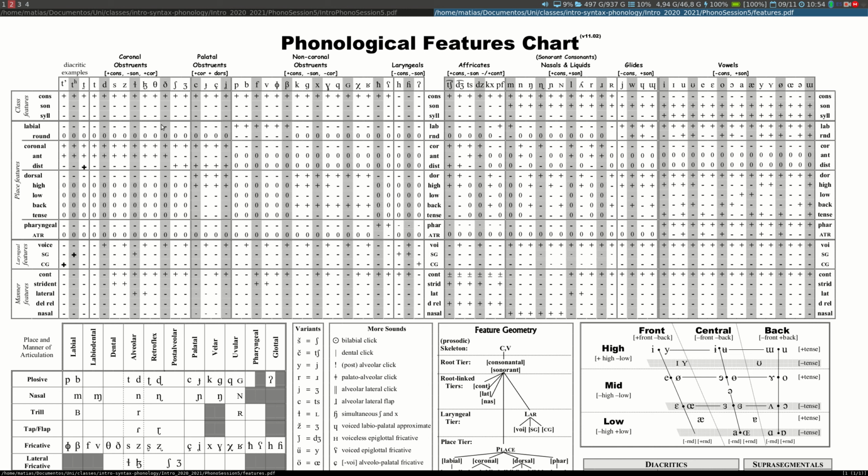So non-labial sounds cannot be rounded by definition because they do not make use of the lips for articulation. In this case, rounding, you would say that this group of sounds is not rounded.